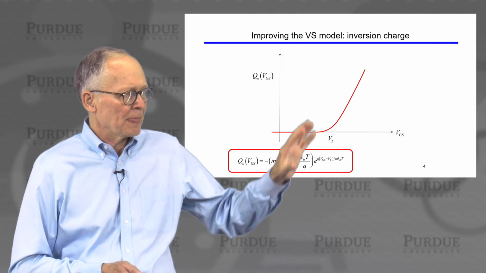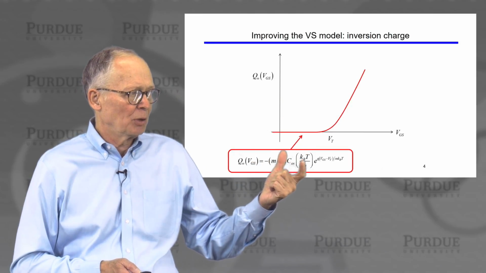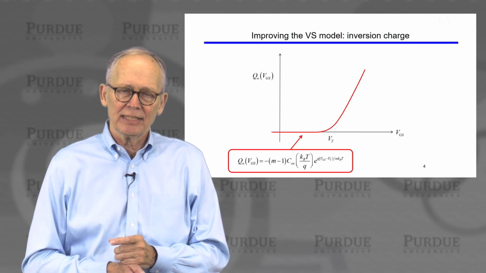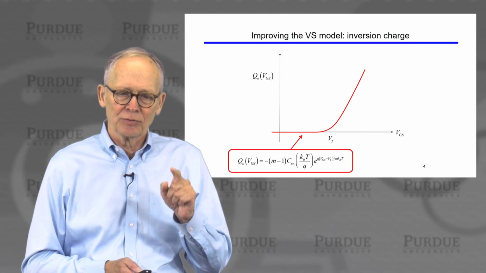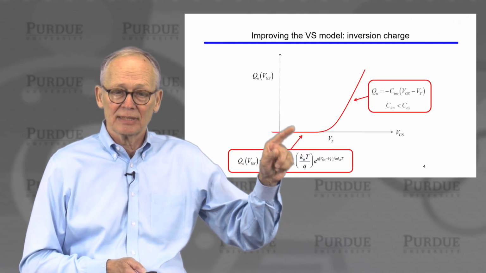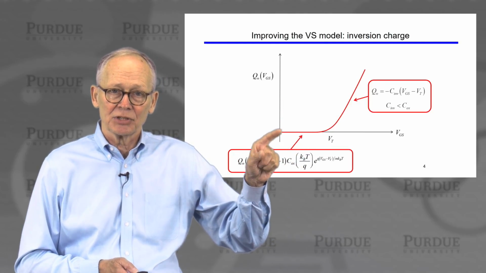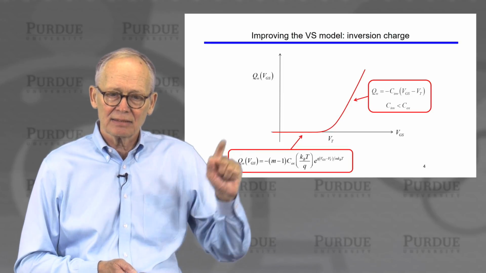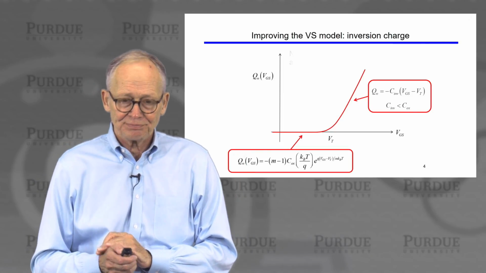You'll recall that below threshold, the mobile charge goes exponentially as e to the q Vg minus Vt over mkt. Above threshold, the charge goes as minus C inversion, which is a little bit less than Cox, times Vg minus Vt.